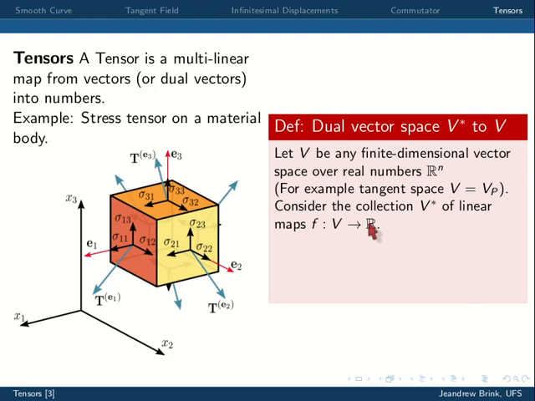Okay, so remember your vector space was something that operated on functions from your manifold to R. The dual space operates on vectors, mapping vectors to R. Okay, and it has addition and scalar multiplication defined just as in a normal vector space.